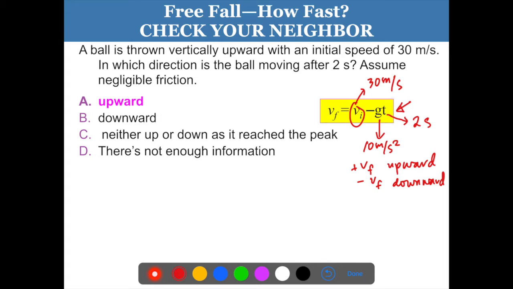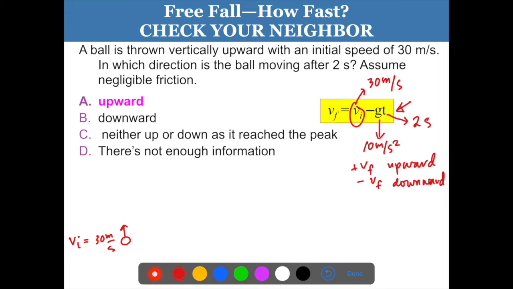So you can do that approach, or you can answer this question conceptually. So you know that the ball started from here, it had an initial velocity of 30 meters per second, and it was thrown upwards. Friction is negligible, so even though the ball is moving upwards initially, it's still undergoing free fall, meaning its speed, because it's going upwards, will decrease by 10 meters per second.